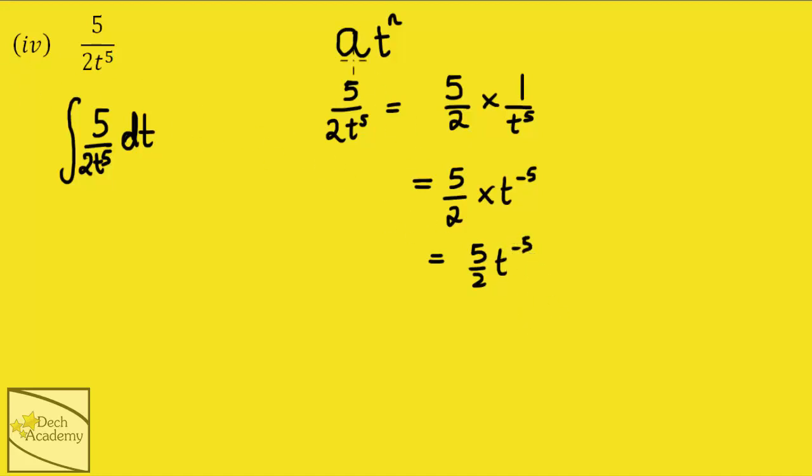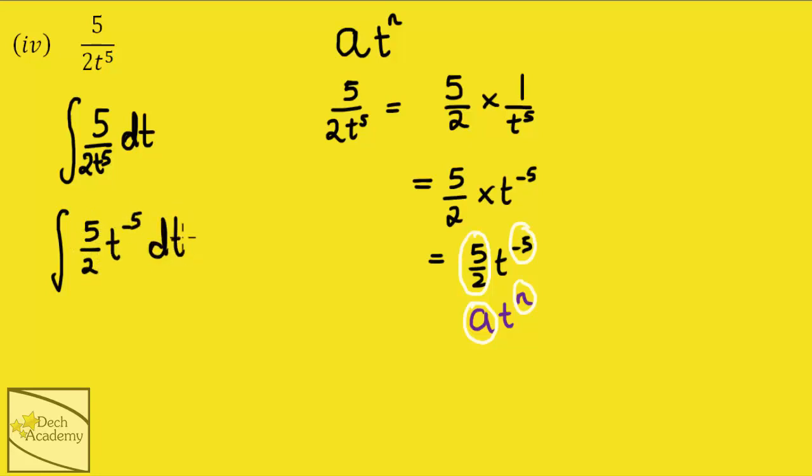Now if I compare this to the form at to the n, the coefficient a is 5 over 2, and n is minus 5. So we can integrate 5 over 2 t to the minus 5 with respect to t easily.